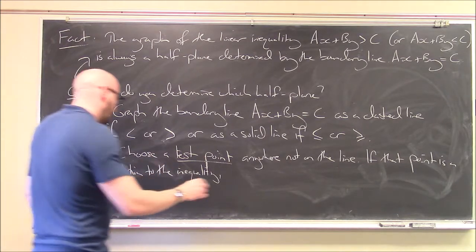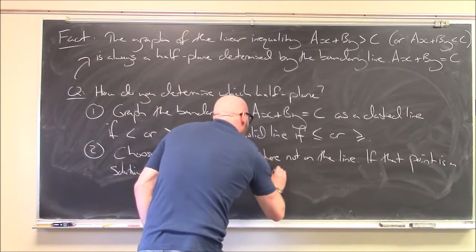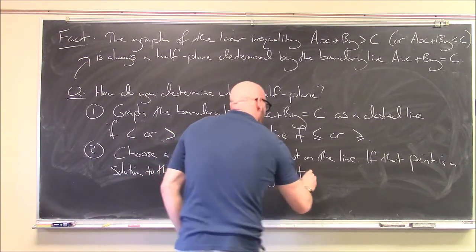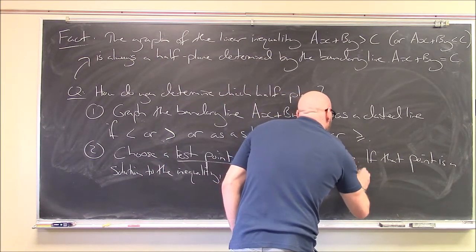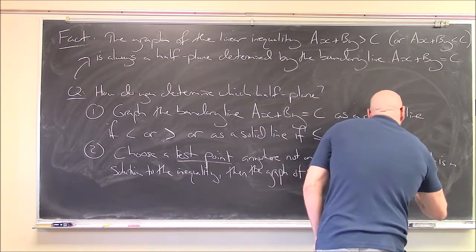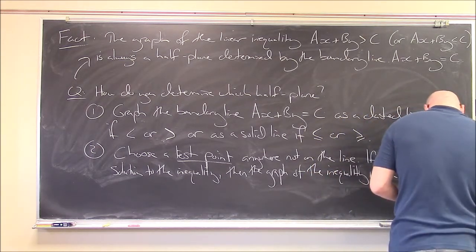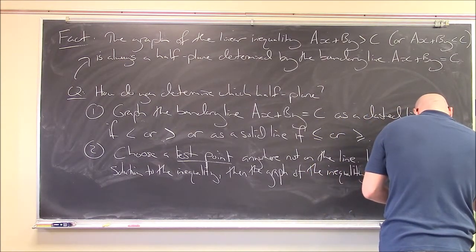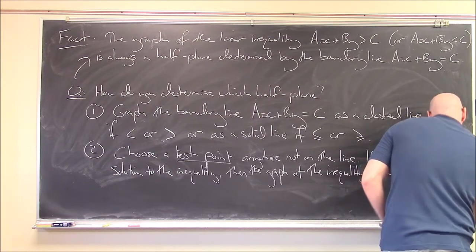Alright, so choose a test point anywhere not on the line. If that point is a solution of the inequality, then the graph of the inequality is the half plane containing that point.